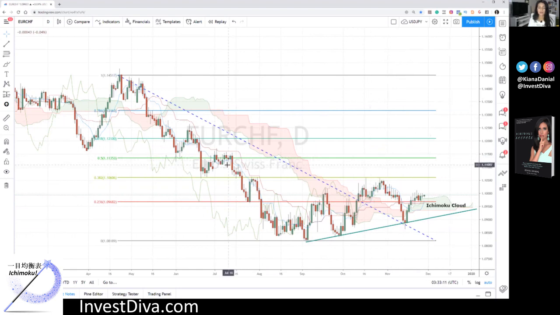But right now that we have kind of a mixed signal across euro crosses, the quote currency is the one that may have a say in which direction the pair is going to go. So tomorrow's GDP out of Switzerland may actually play a role. If it comes lower than expected, then euro Swissy could go higher. I hope this made sense.